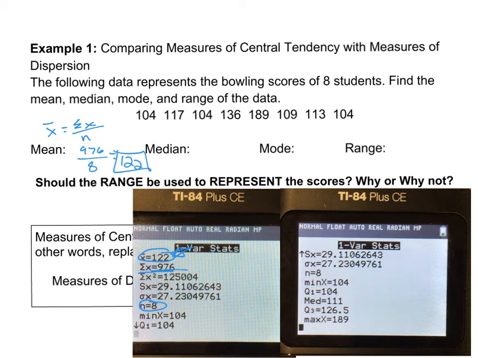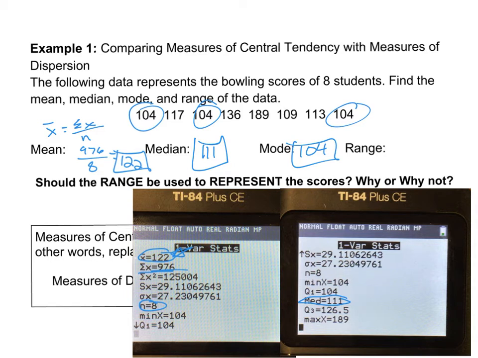When we look at our median, we have to scroll down through, find our middle value, and that was 111. Our mode comes from our most often, and that's where we're looking for 104.